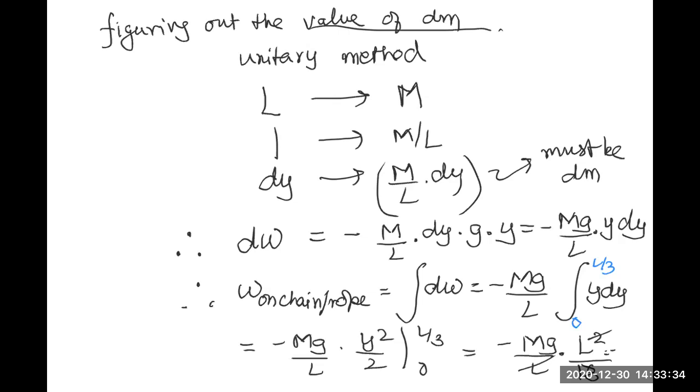This will be minus mgl by 18. Please take a screenshot of this or write it down. I'll wait. And then we'll do the final step. We'll solve the question.